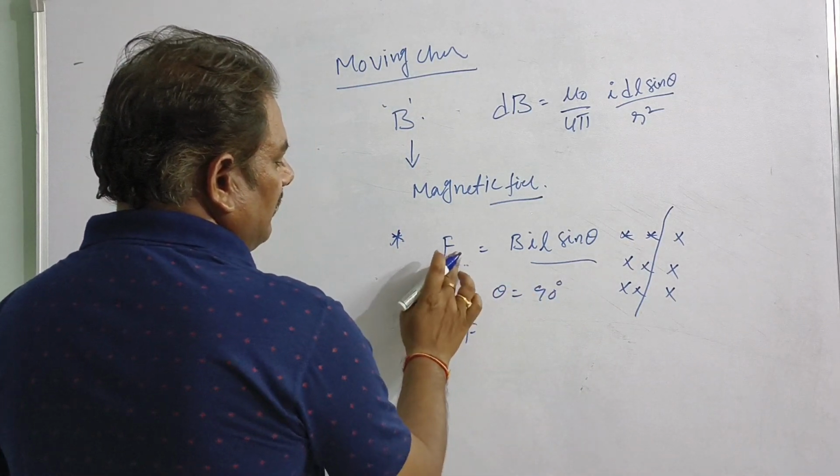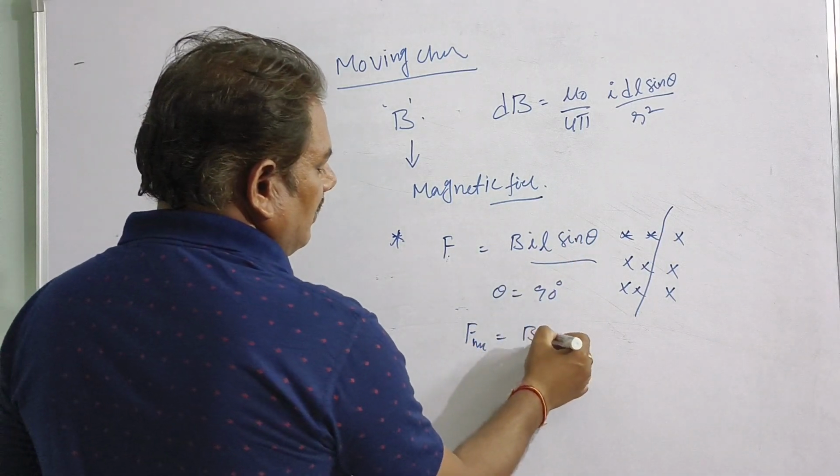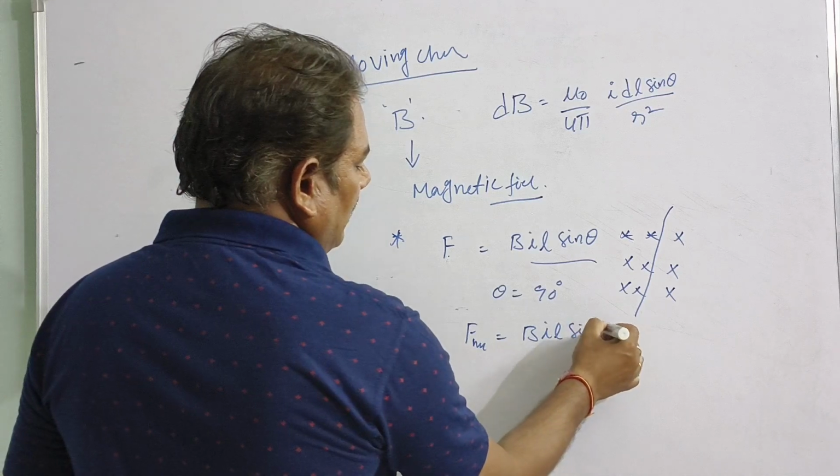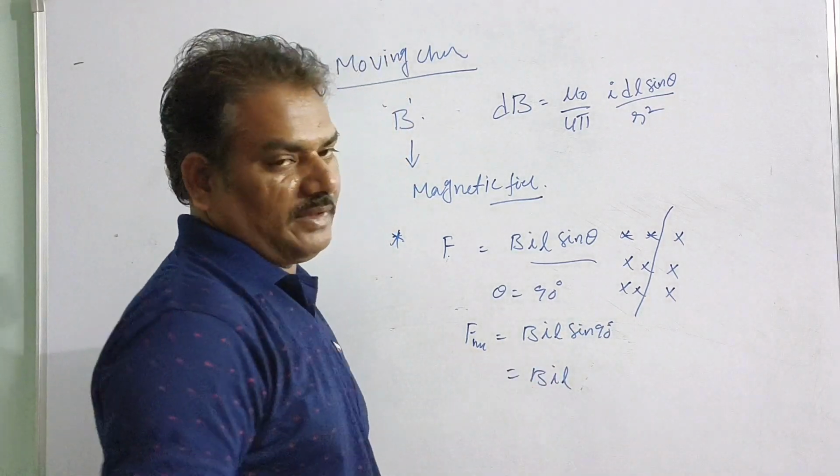So maximum force equals BIl into sine 90, that equals BIl. The maximum force is BIl.